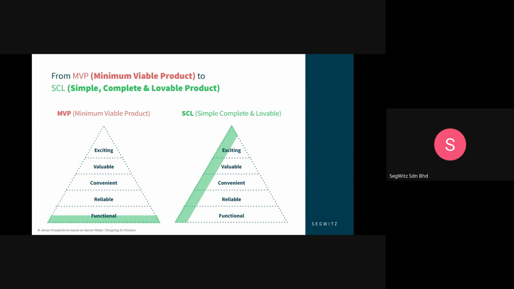So I believe the other four pillars might be something that is not being talked about or enforced as much as we do with the functional part. So this is one. I'm not going to go into details, I'm just introducing. Later on, we can go into each of the pillars.